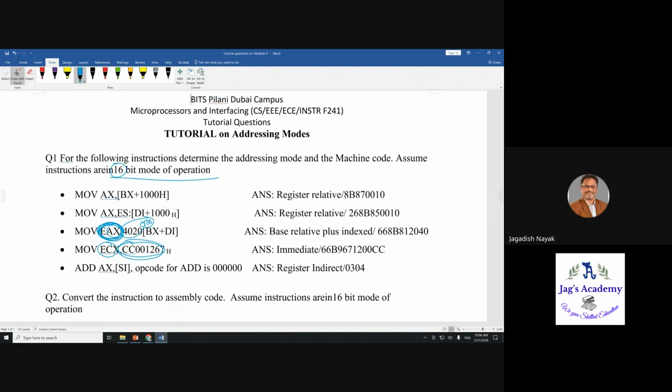So you have a register size violation because you are assuming a 16-bit mode of operation, but your instruction has a 32-bit register and also a 32-bit relative value violation.